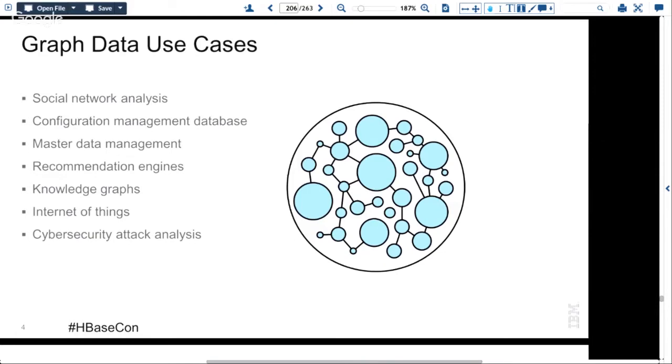One of the first projects that we worked on was a corporate social graph, an enterprise graph, if you will. We built it on top of IBM Connections, gathering all the interactions between employees on our internal network to try to drive some analytics as to how people communicate with each other and how we can drive recommendations of who you might want to speak to if you're looking for an expert in a particular area.